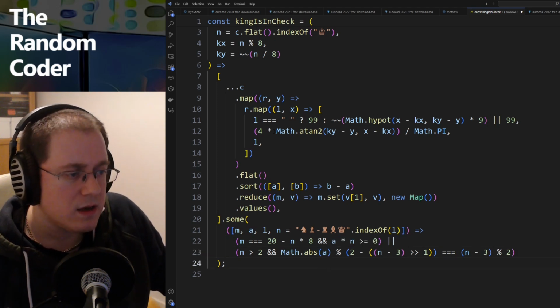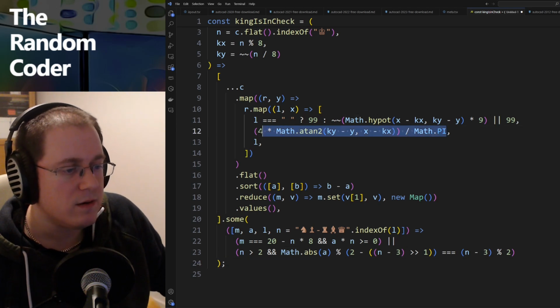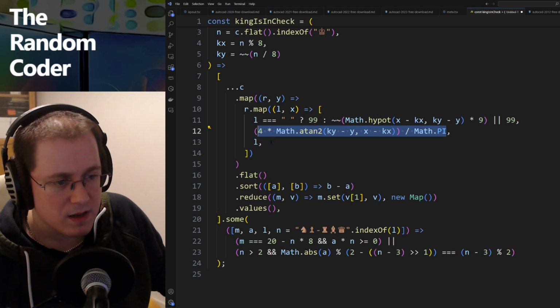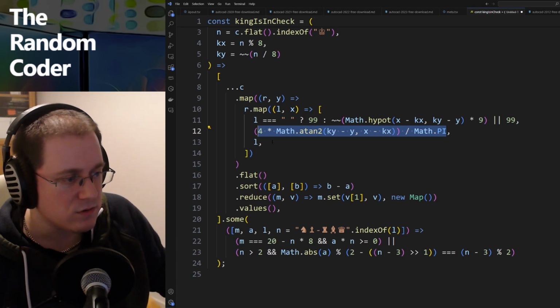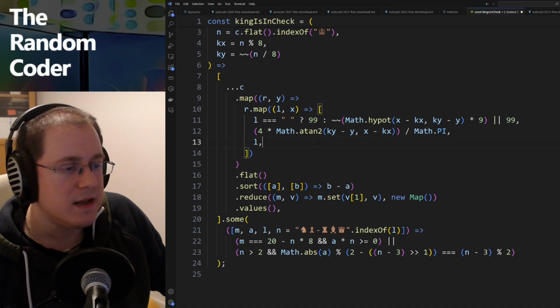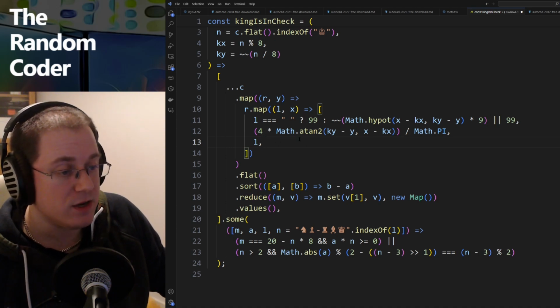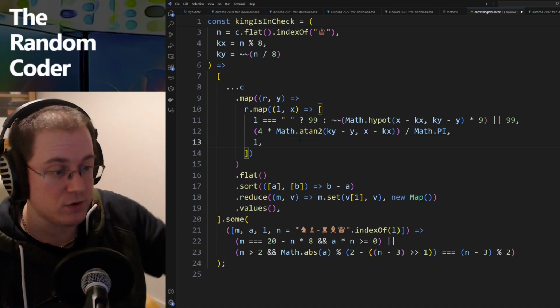which will be, oh yeah, that's something cool I did as well. I invented my own unit of measurement for angles. Instead of using 180 degrees, I'm now mapping it to a value between +4 and -4.